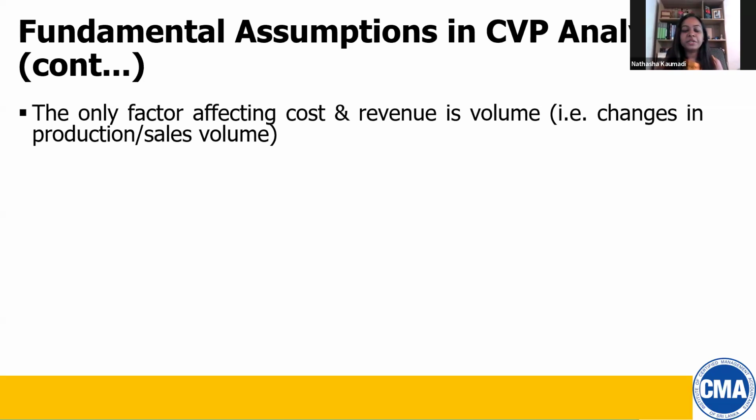What are the other factors that might have an effect on the cost? To increase the cost or to decrease the cost, what are the other things? Is it only the volume? What about the prices? Let's say direct material cost.